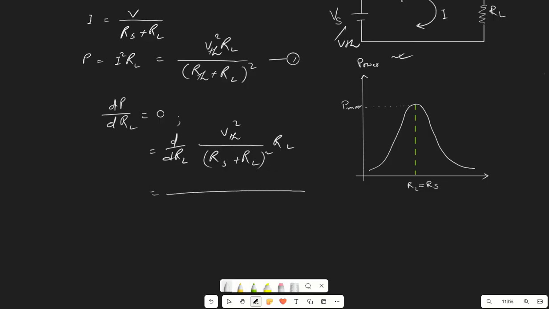After expanding the differentiation, it will be like this: RS plus RL whole square minus, after differentiating, 2RL multiplied by RS plus RL.